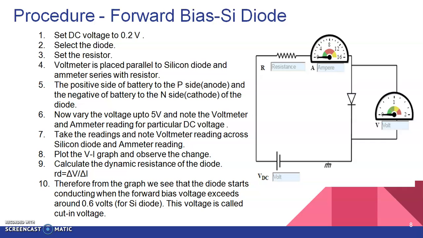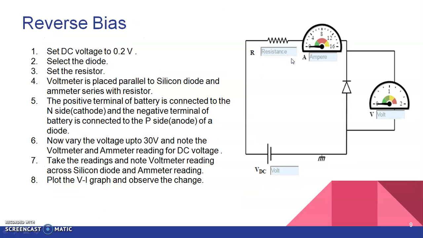See here, this is the circuit diagram for the forward bias characteristics of a diode. This is the ammeter, with which we have to measure the current, and the voltmeter, with which we measure the voltage. This is the source of DC voltage, and we are grounding here. And here we are fixing a resistance. We have to fix 1K, or 1000 ohms.